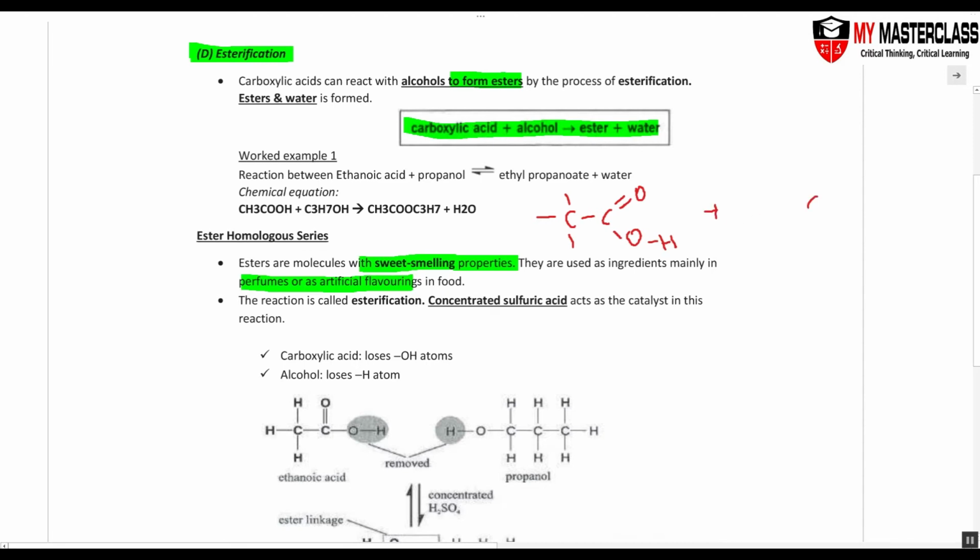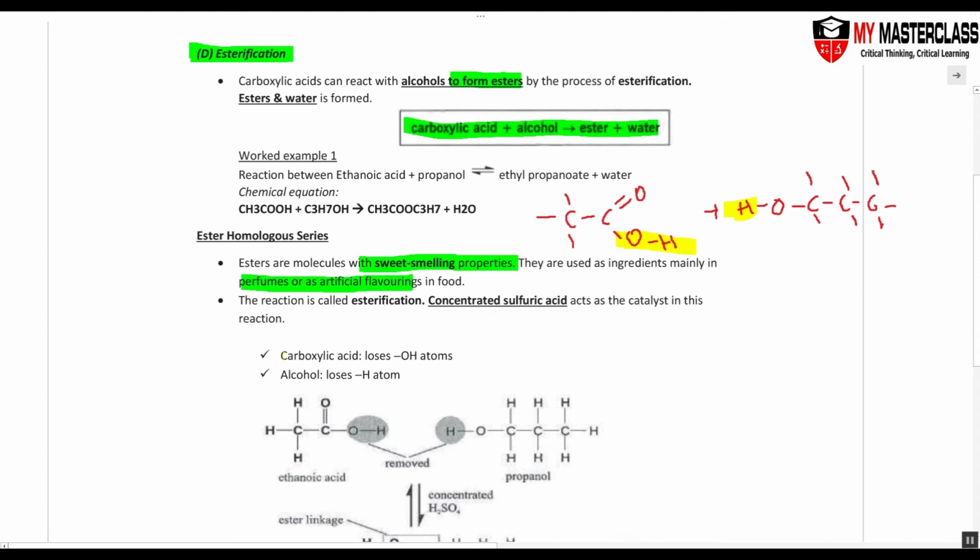Propanol has 3 carbons. This reaction is a dehydration reaction. Why is it a dehydration reaction? The important thing is here.